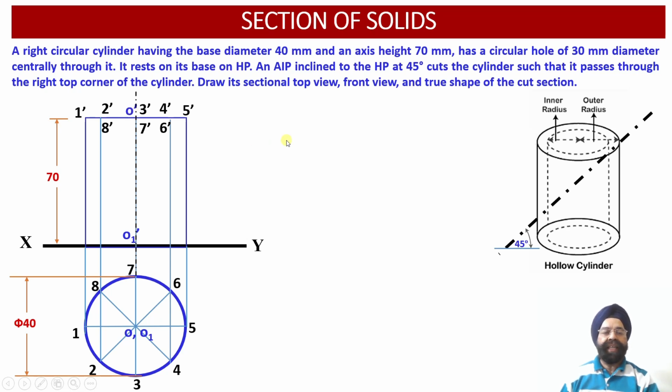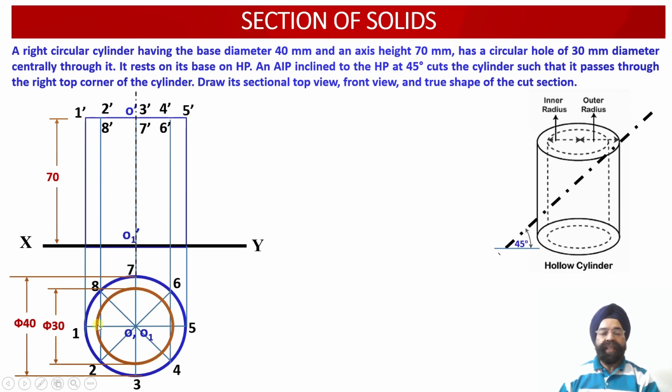Now we know that the inner cylinder, corresponding to the circular hole, has the radius 15 millimeter or the diameter 30 millimeter. So this inner circle we have marked with orange color. The inner circle has also been projected onto the horizontal plane.